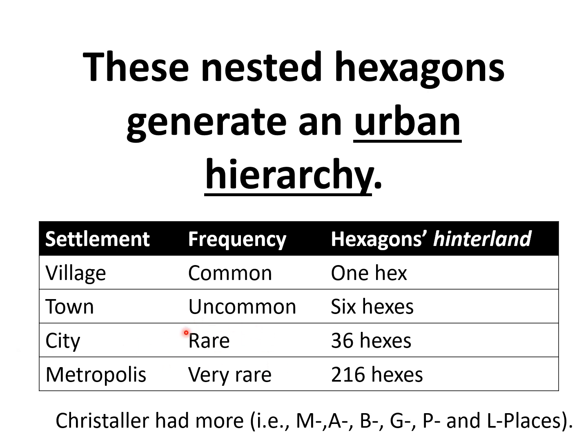And in our hexagonal landscape, these would be relatively rare. The hinterland of the hex that had the city in the middle of it would be the surrounding 36 hexes.